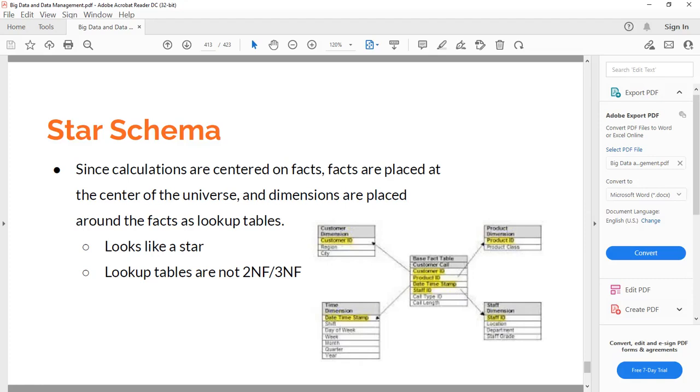Also, one thing to note is technically, when you have a dimension, you may have multiple attributes in the dimensional table, right? For example, in the time dimension, you may have a day, a week, months, the quarter, and the year. And if you still remember what we taught in the normalization part, a year is probably not determined by fact.